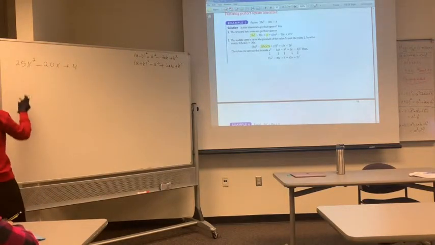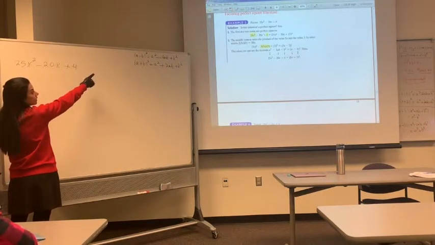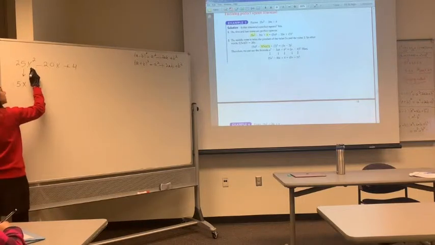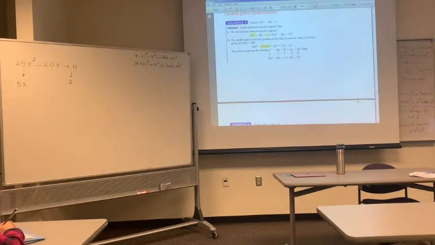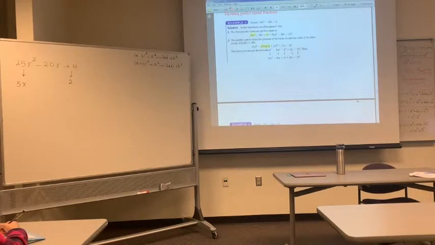As soon as you see the first term and the last term are squares, you should remember this formula. So this is the square of 5x, correct? 5x power 2 is this one. And this one was 2 power 2, correct? Let's say this one is A, this one is B. If the middle number is 2 times AB, then for sure we can use that formula.